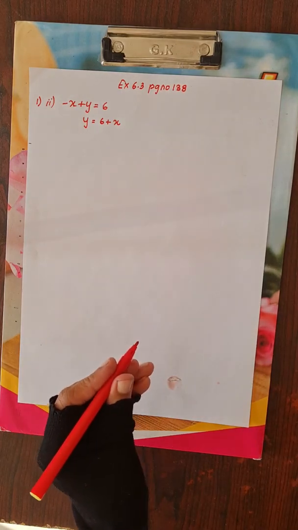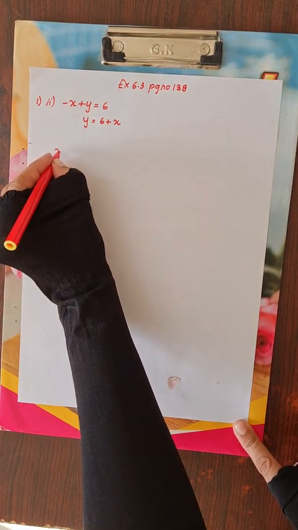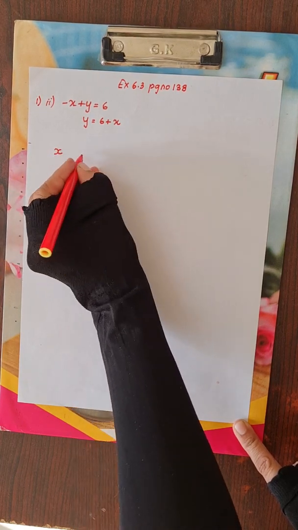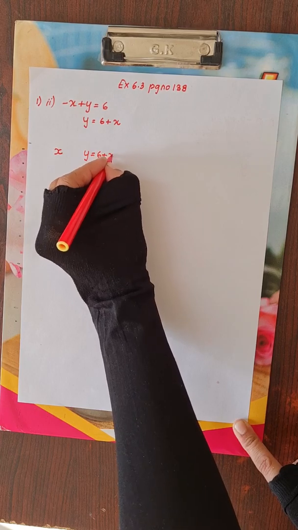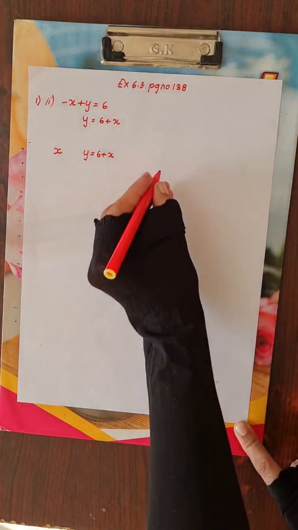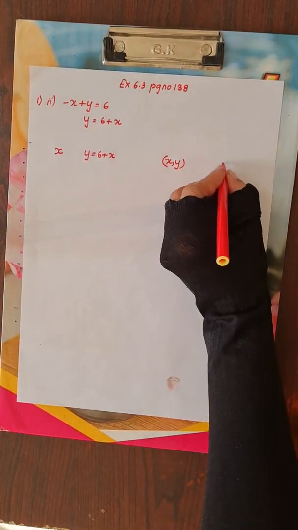So let's draw a table which has 4 columns. The first column will be x. Second column is the equation that is given to us so that we can find the corresponding value of y. And then we will write the point in the form of x coordinate comma y coordinate and name the point.